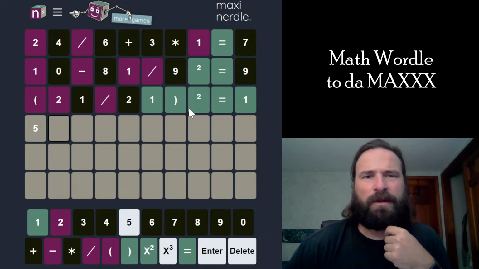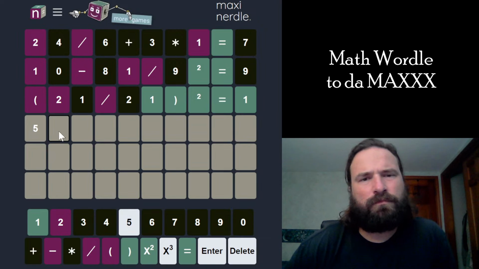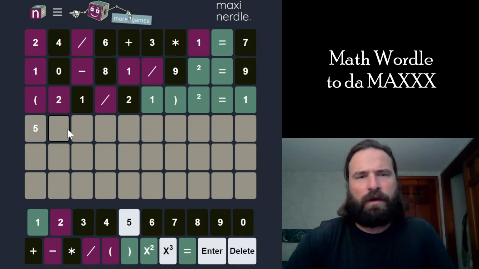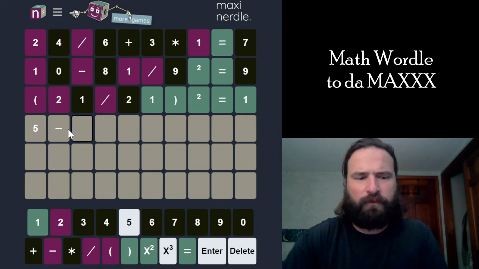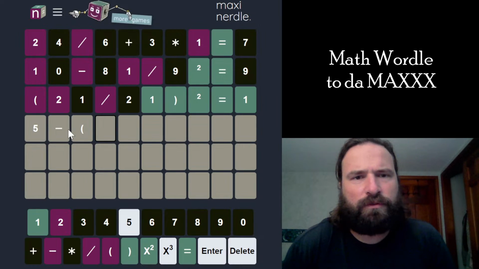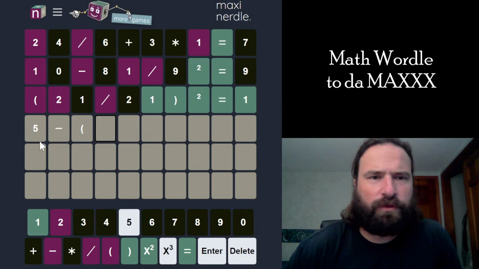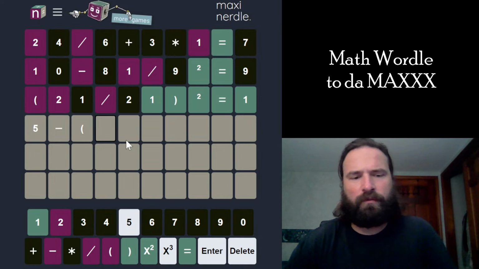But like how? 5 minus, if I subtract 4, this works, but how do I make this equal 2? Like if I square 2, then this whole equation works, but how do I make the inside of the parentheses equal 2? I haven't used a 2 yet. 2 divided by 1. Yeah, there it is.